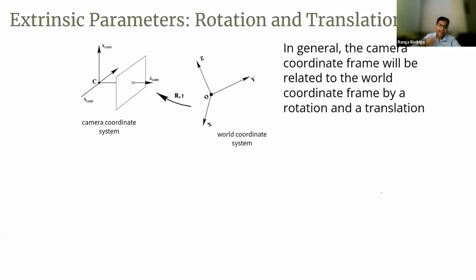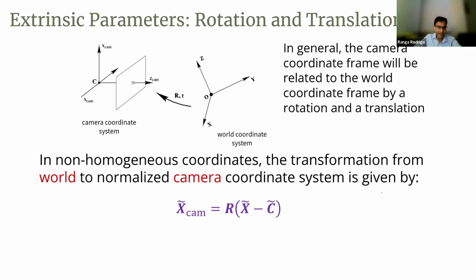All right. In general, the camera coordinate frame will be related to the world coordinate frame by a rotation and a translation. This is that rotation and translation. So in non-homogeneous coordinates, I'll talk about homogeneous coordinates a little bit later. The transformation from world to normalized camera coordinate frame is given by x cam is equal to R, that's a rotation matrix, times x tilde minus c tilde.